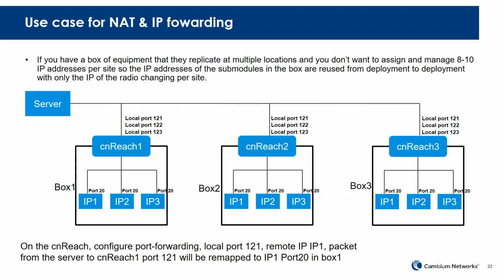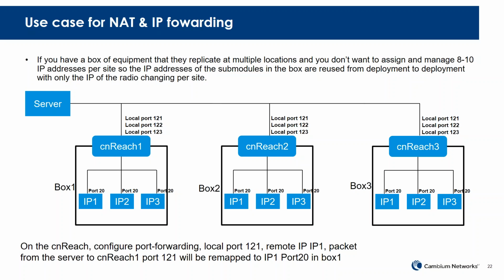And then for NAT and port forwarding, one of the use cases for this is if I have a set of locations that I want to do automation, I can have the exact same setup at each of those locations. So let's say I have an RTU and then maybe a snapshot or a low data rate camera. I can put each at several different locations.